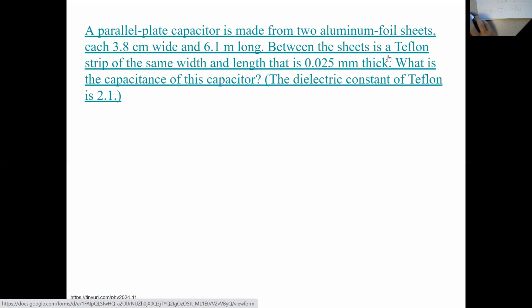Between the sheets is a Teflon strip of the same width and length that is 0.025 millimeters thick. What's the capacitance of this capacitor? Take the dielectric constant of Teflon as 2.1. I'll give you a few minutes to work on this. We can take a look at the solution together after that.